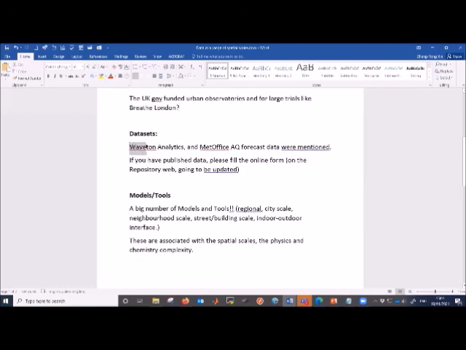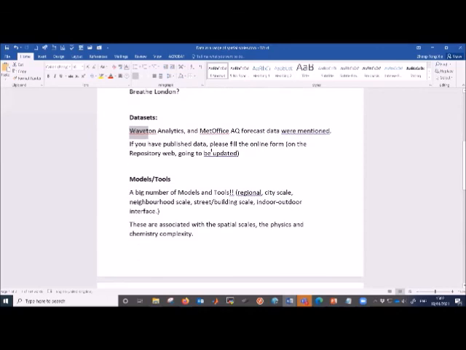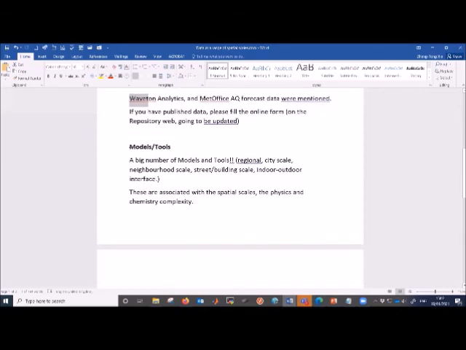And Wavetone Analytics and Matrix Office IQ focus data were mentioned. So I think I'm going to contact them, but if you have more, please have a look at the online form. And this, of course, will be updated based on new suggestions. And the fourth question is models and tools, right?